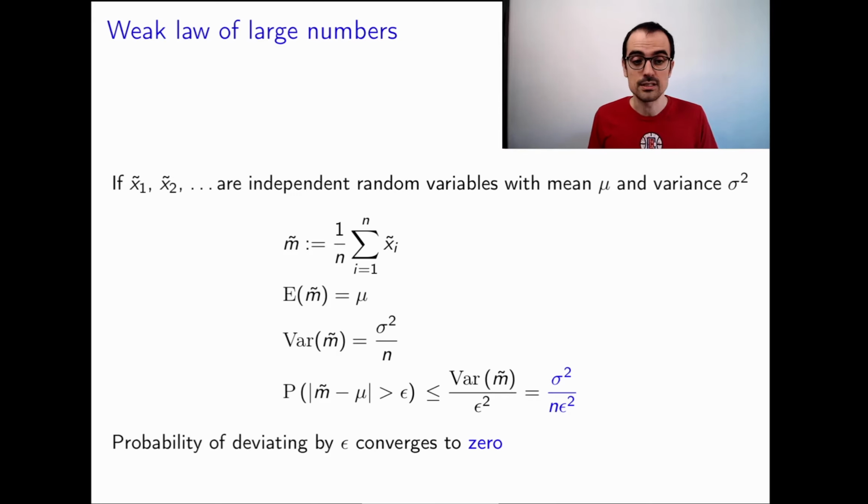So this establishes that the probability of deviating by epsilon eventually converges to 0 once we use a large enough subset to perform averaging, to compute the sample mean.